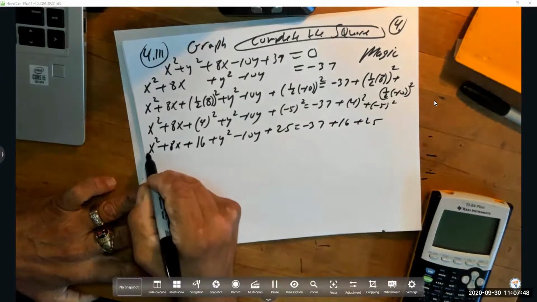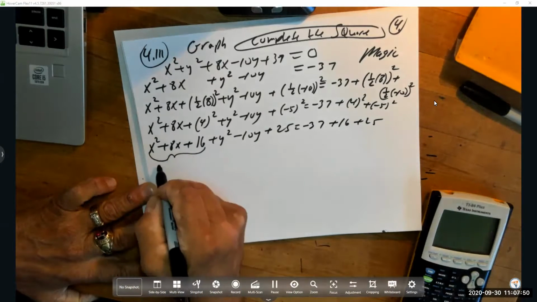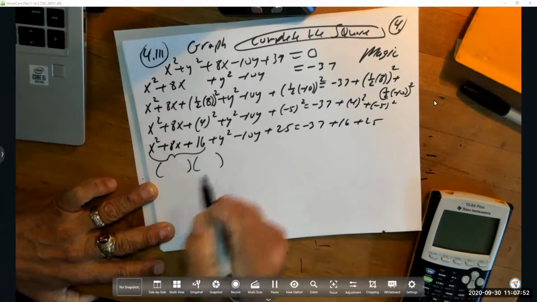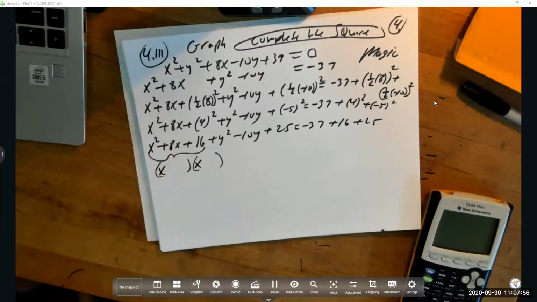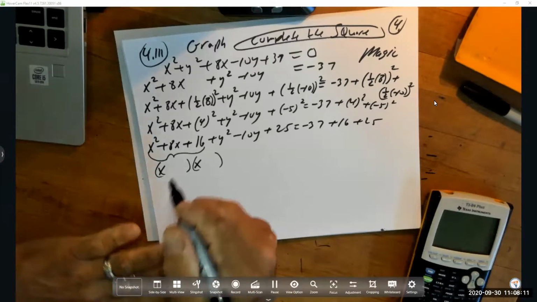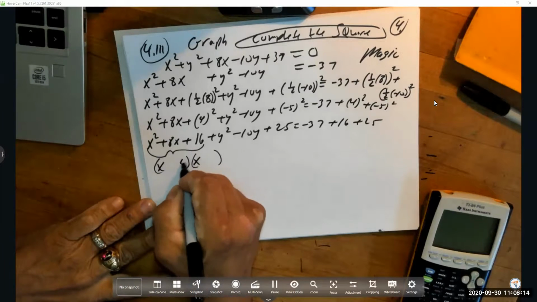All right. This right here, if you were to factor it back, FOIL it out like you did in Algebra 1, what do you think x squared plus 8x plus 16 becomes? What does it become? x plus 4, exactly.